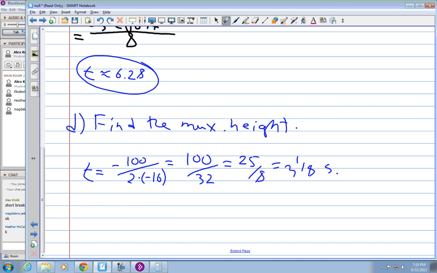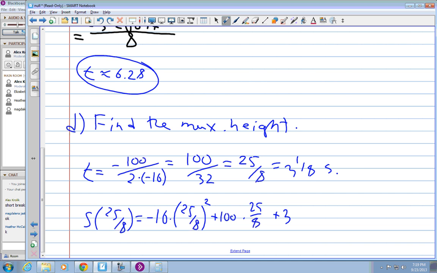Okay? To actually find that highest point, I need to plug that number back into the function. So it's negative 16 times 25 over 8 squared plus 100 times 25 over 8 plus 3.